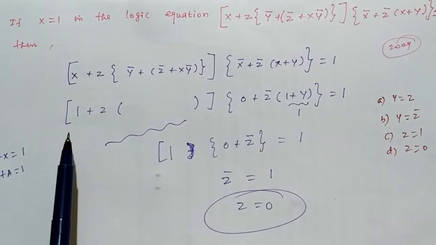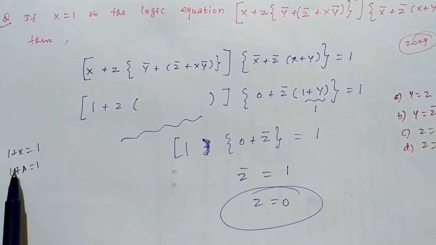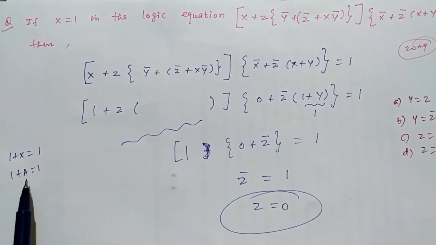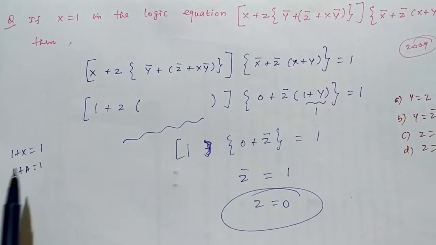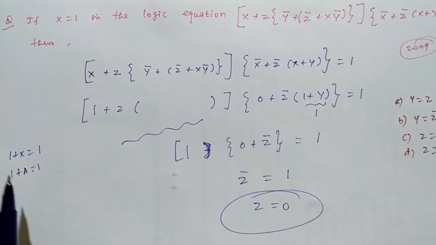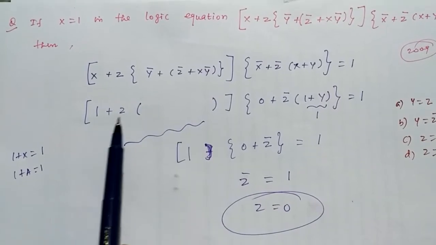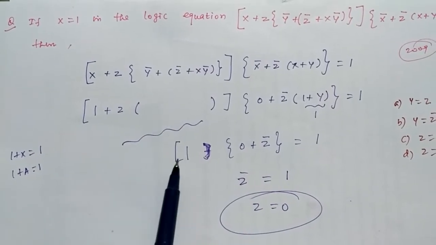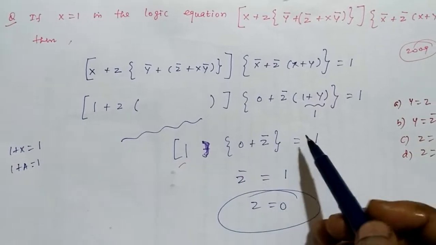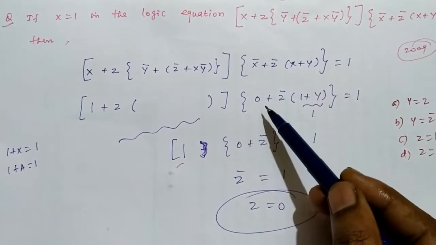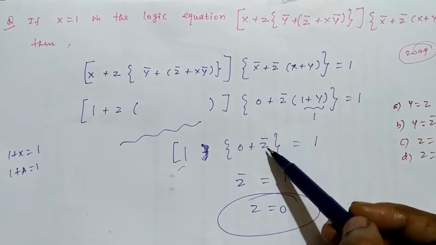So using what we have just seen, 1 plus A is equal to 1. So for this entire term, 1 plus A is equal to 1. So this is reduced into 0 into Z bar.